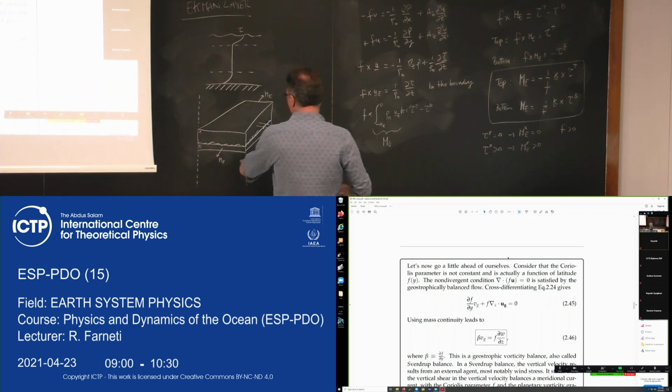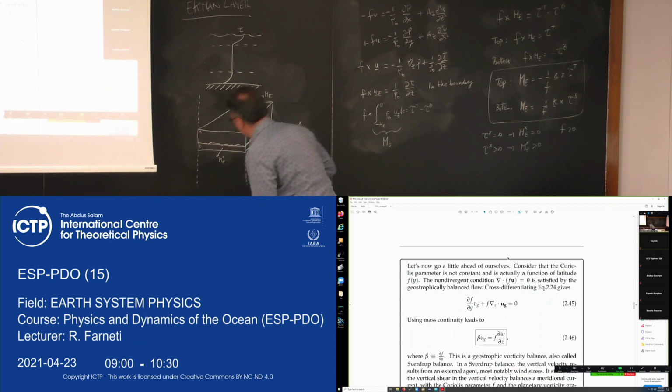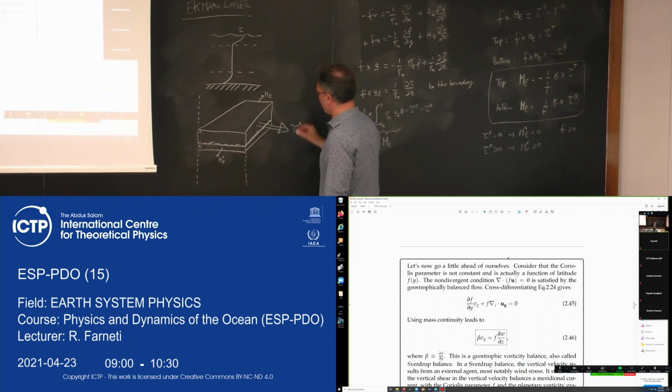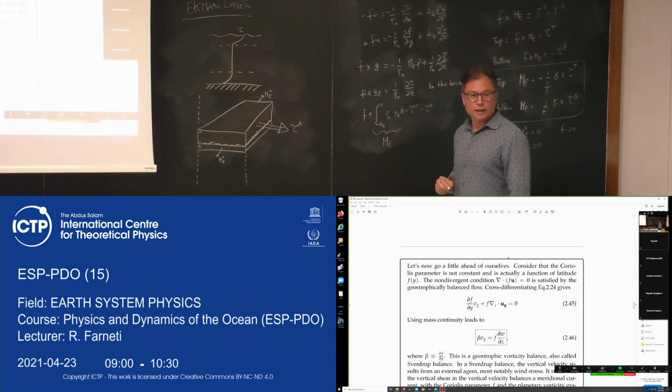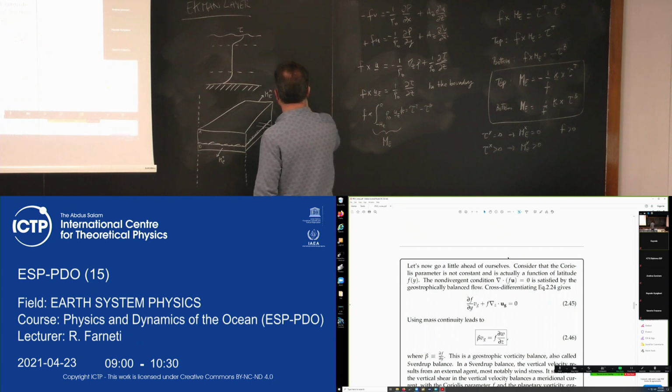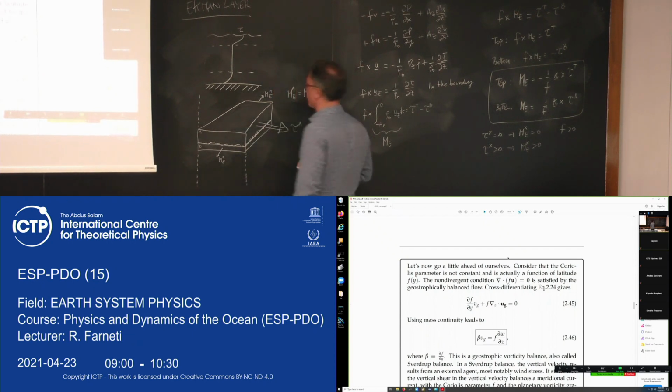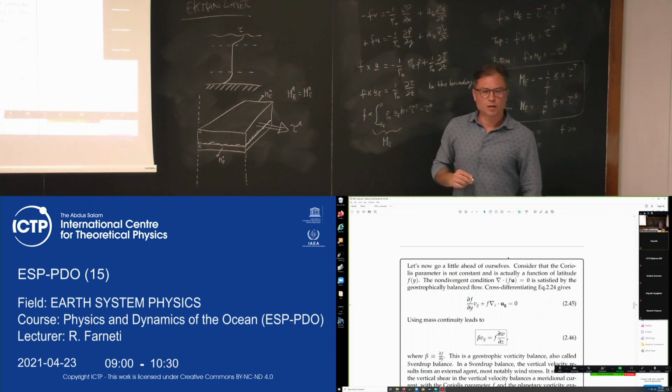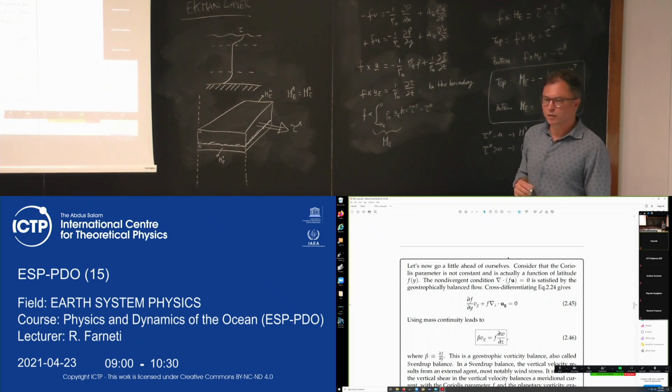So if this is the mass transport in the Ekman layer from the ocean, and this is the mass transport in the bottom Ekman layer in the atmosphere, you clearly see from the equations that the two are equal and opposite, because it's the same wind stress causing this mass transport.